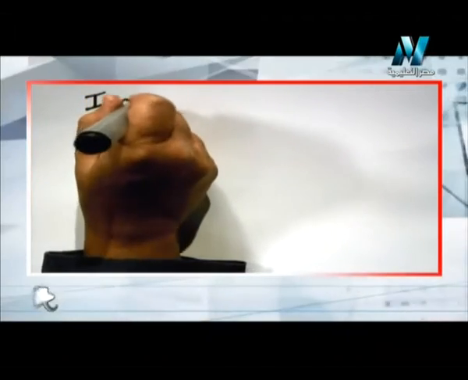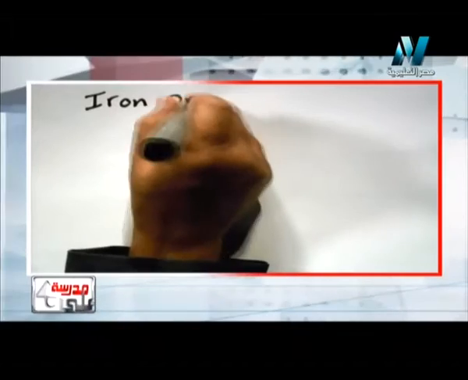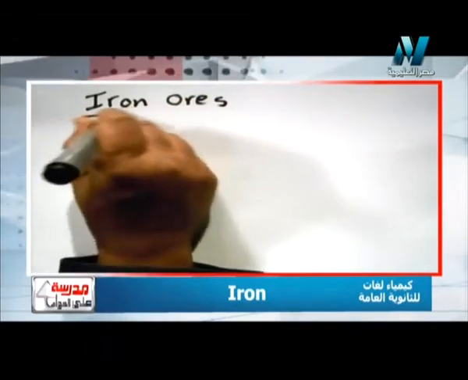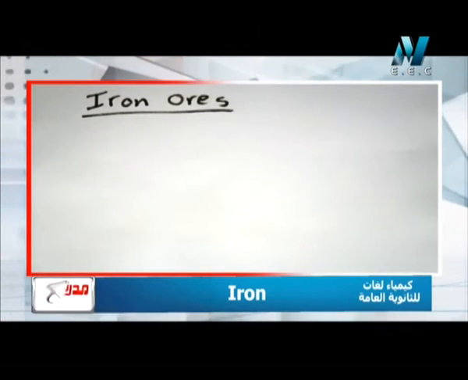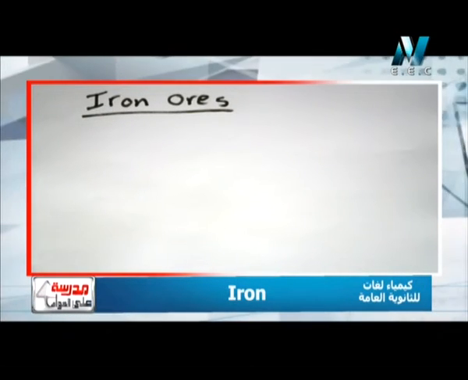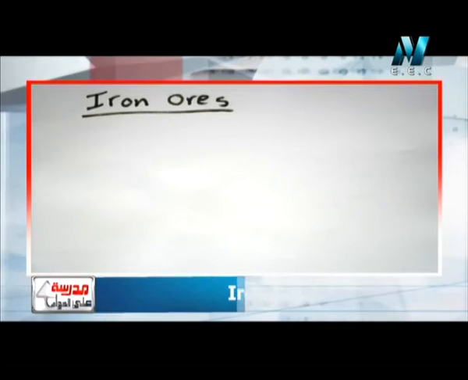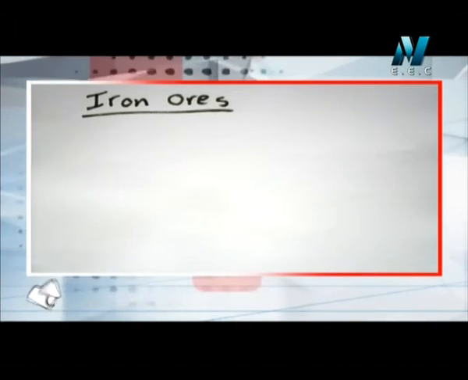The most important ore of iron. In order to consider this compound as an ore of iron, there must be 3 points. Number 1, this compound must have a high percentage of iron.